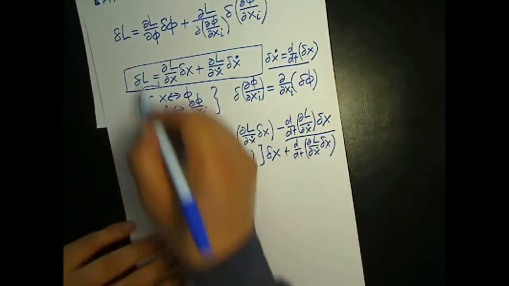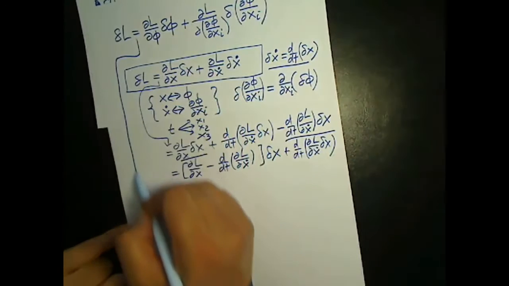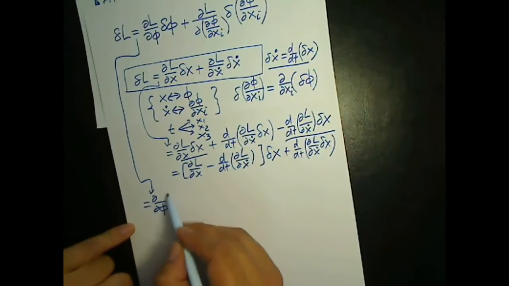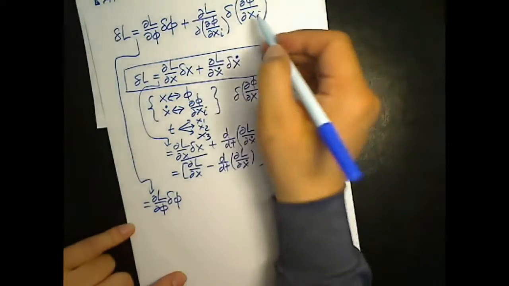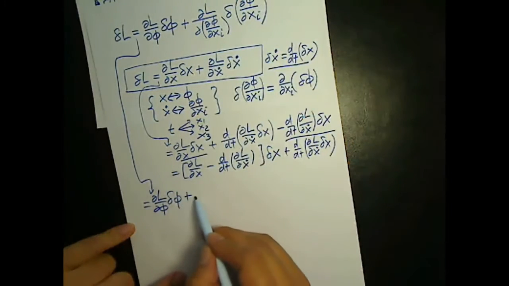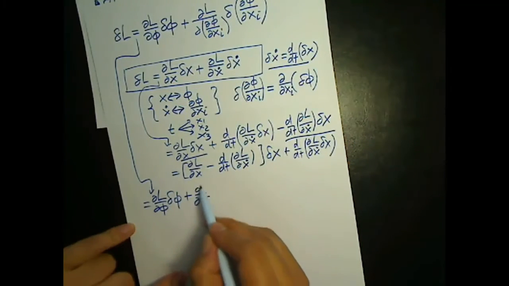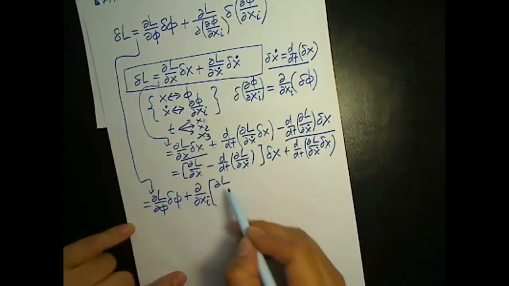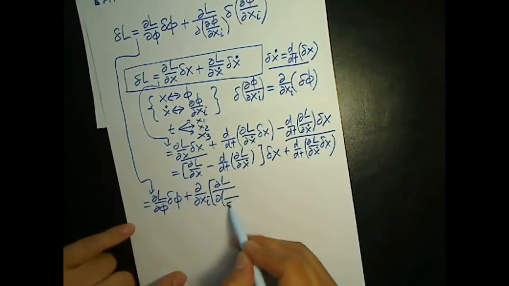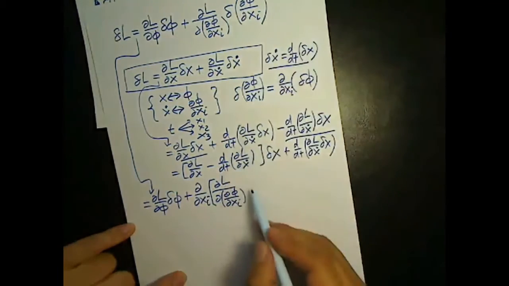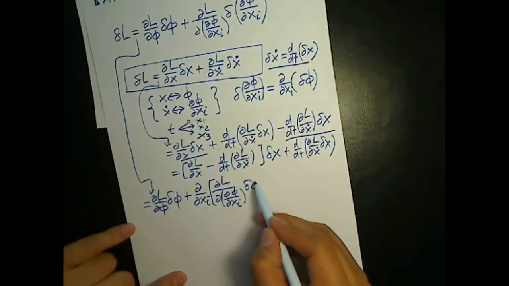Just like this, what we next have to do is, this one is the same, but I pull this derivative outside. Then copy this one, and put the variation in here.